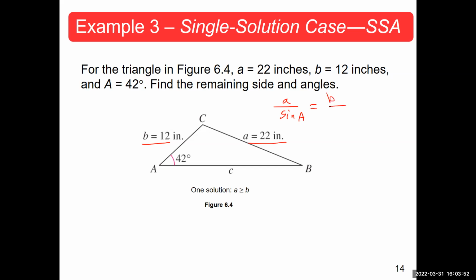B over sine of B. I'm not going to do the C because I don't know anything about the C at this point. If I plug my numbers, A is 22, sine of 42 equals B, how much is B? 12 over sine of B.